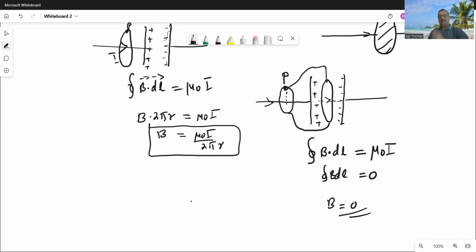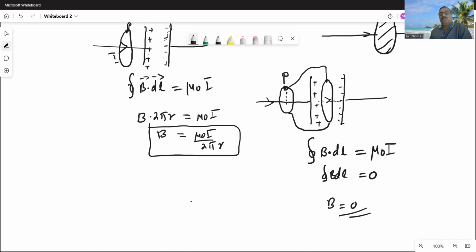It will be in the space only. We did not consider that current. That is why Ampere's law is inconsistent. This was found by Maxwell. So the current between the capacitor plates is known as displacement current, due to the time varying electric field.